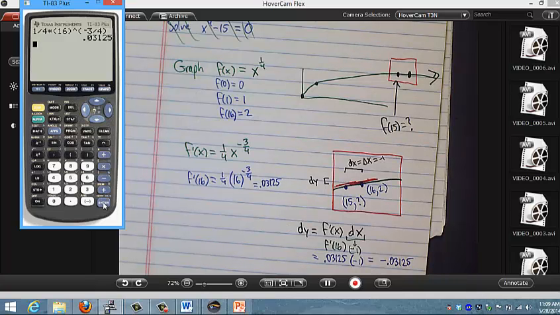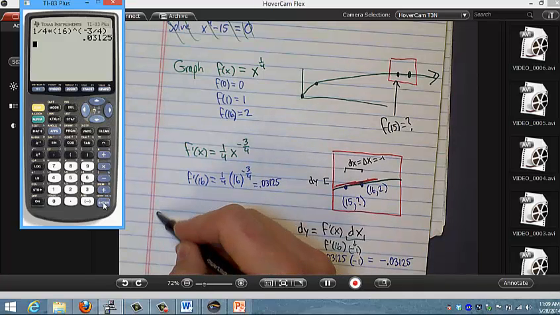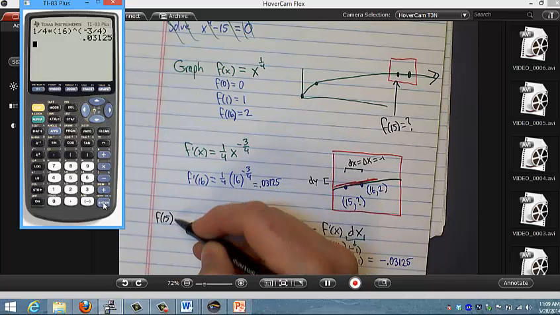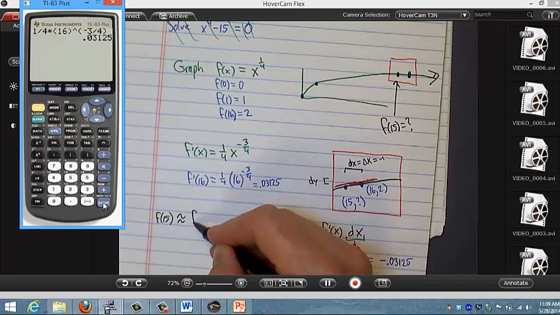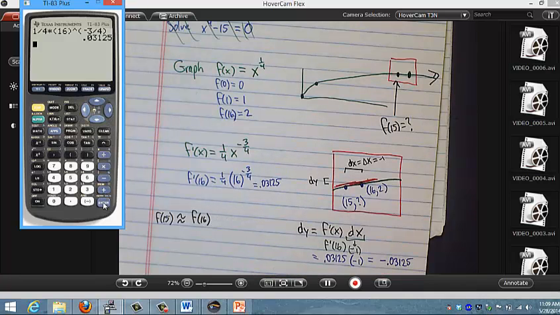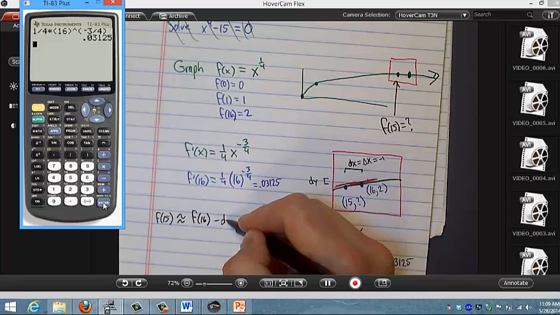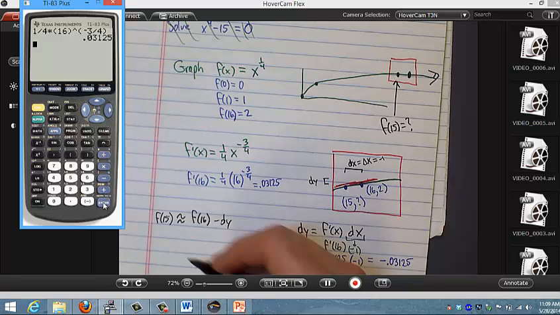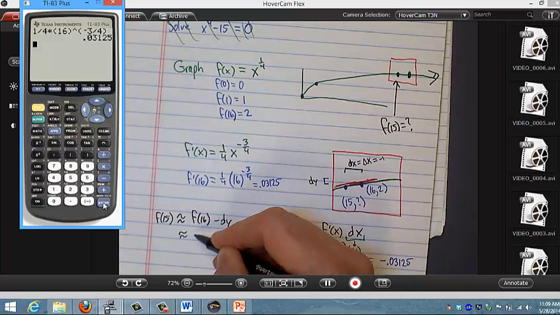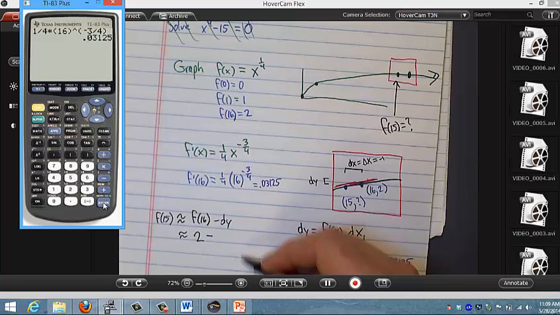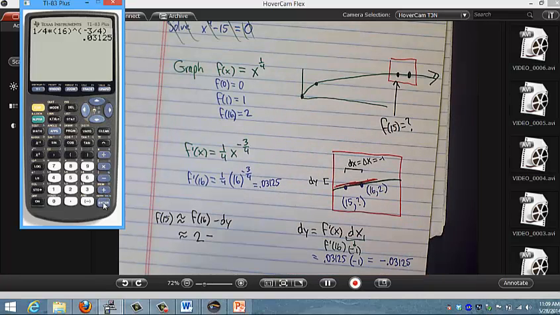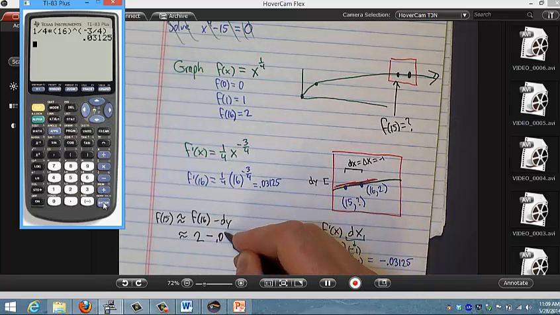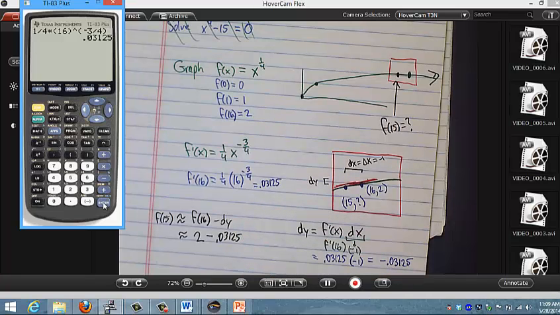And so now, how do I get f of 15? Well, I would say that f of 15 is approximately f of 16 minus this dy. That's my linear approximation. So it's approximately 2 minus 0.03125.